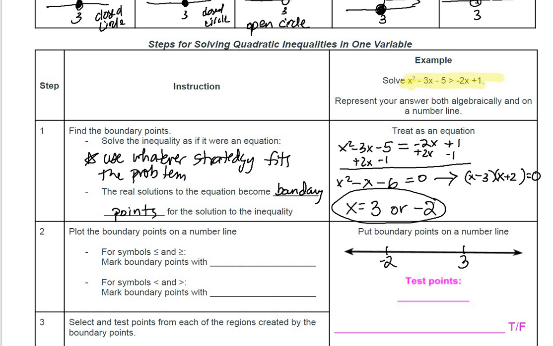And keep in mind that we need to know if we're going to make open or closed circles on the negative 2 and 3. Now, if your inequality originally has equal to allowed, which we did not, but if we did, then we would use closed circles.